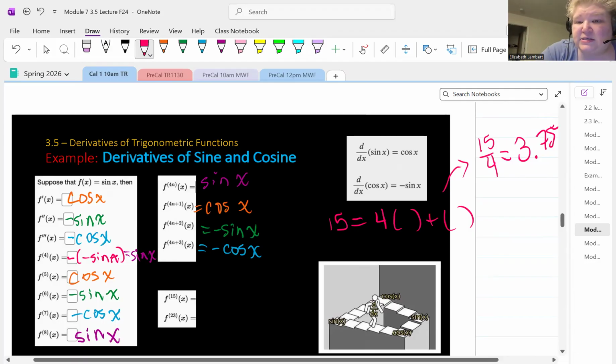So that means 15 is the same as 4 times 3, 12, plus 3 more. Pure coincidence that it was 3 4s and then a leftover of 3. But the leftover of 3 is what we want to focus on. That's a 4n plus 3 number. So that is negative cosine.